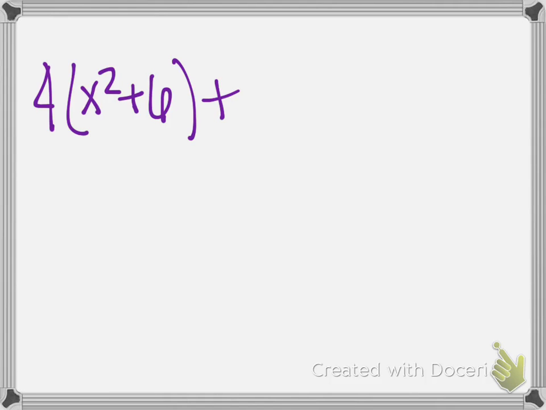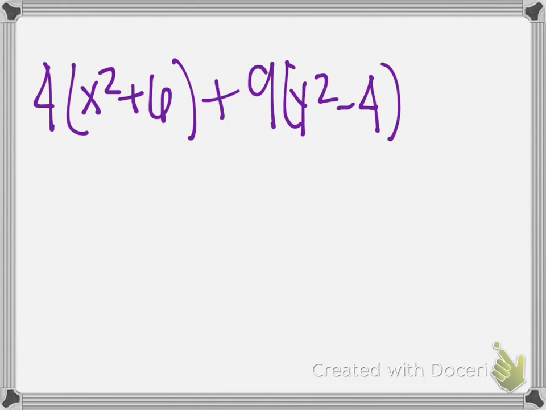So right now your equation should look like 4x squared plus 6, and you don't have the 9 anymore since you added it to the other side, plus 9y squared minus 4 equals 2 36s, so that would be, not 60, it would be 72.